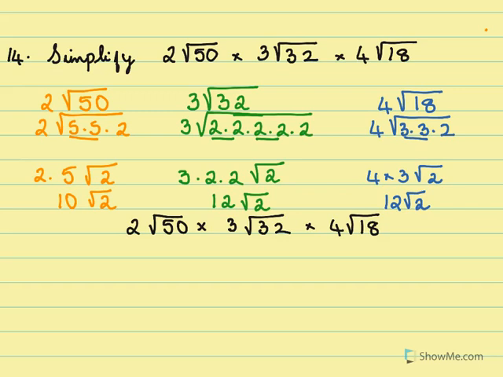So for 2 under root 50, we found it here as 10 under root 2. For 3 under root 32, we did it here, 12 under root 2. And for 4 under root 18, we did that here. So that will be 12 under root 2.